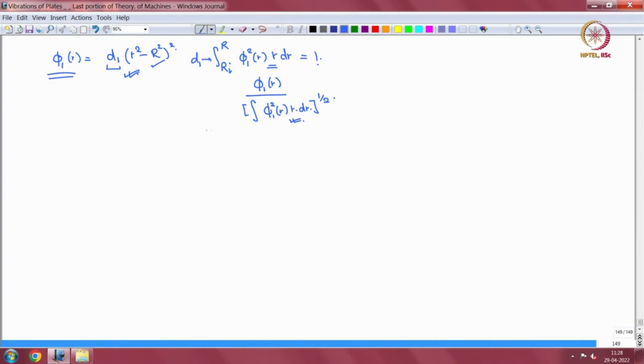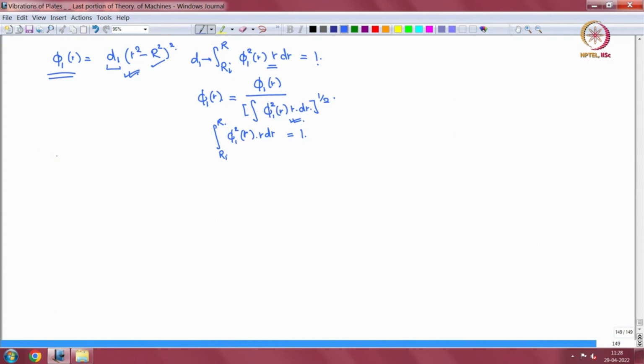So essentially what happens is, this is the new phi 1 of r. So if I now integrate from r i to r phi 1 square of r dr, then I will get 1, okay.